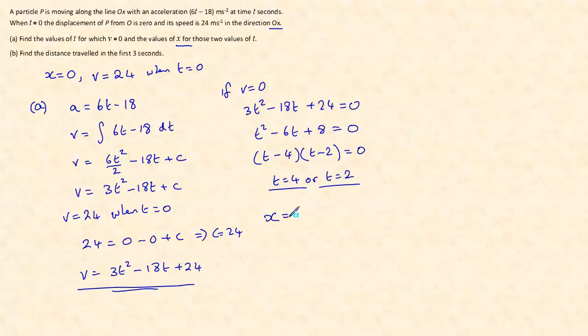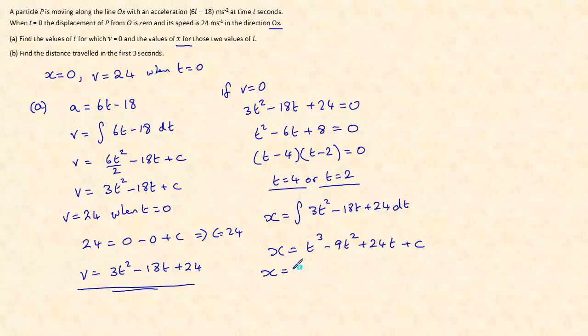So x is going to be the integral of v. So that's the integral of 3t squared minus 18t plus 24 dt. So that's going to be 3t cubed over 3, so just t cubed, take away 18t squared over 2, so that's take away 9t squared, add 24t plus a constant.